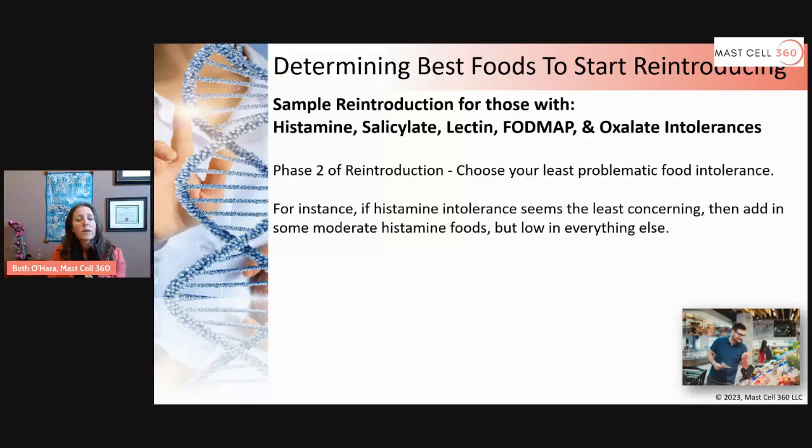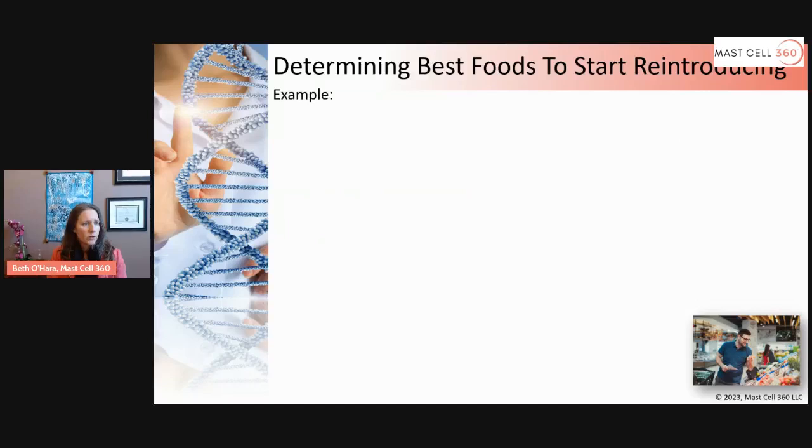Or it could be some turkey bacon. So starting with some things like that to trial the histamine. So it's the scientific method approach to it. I hope I'm making sense on that, where you're going to try things, keep a diary, track the patterns.